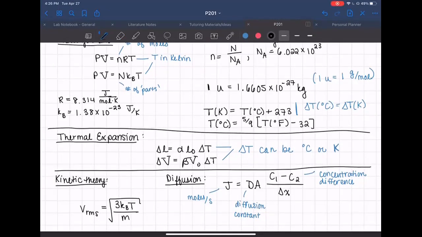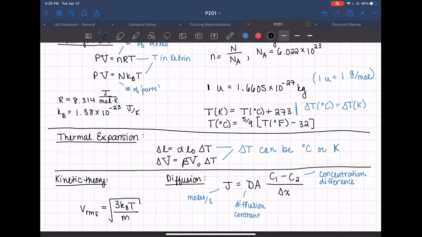So I didn't include the average kinetic energy per particle equation because I didn't have a whole lot of space. And if you have the v_rms, then using 1/2 mv squared will give you kinetic energy from there, which will be somewhere else on the equation sheet. So I just didn't want to try and squeeze it in there and make it look messy.